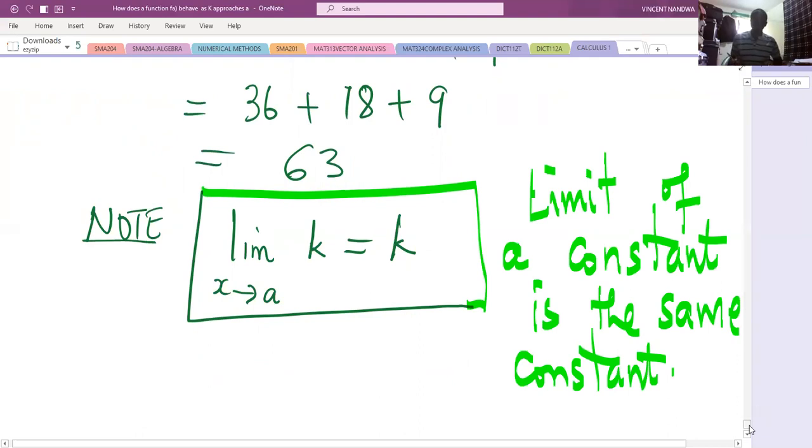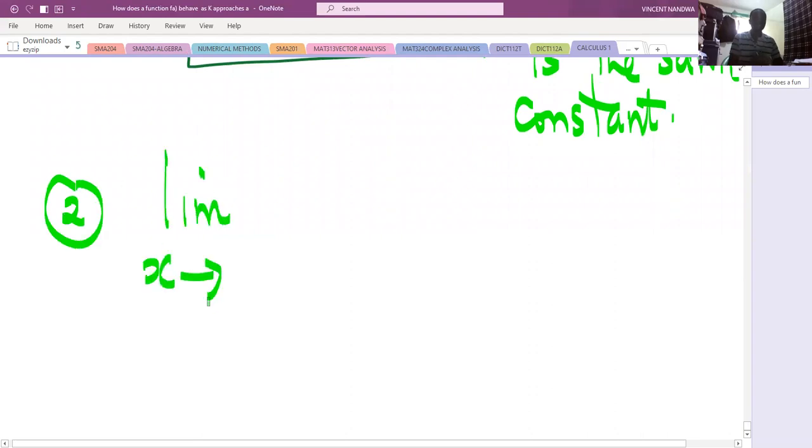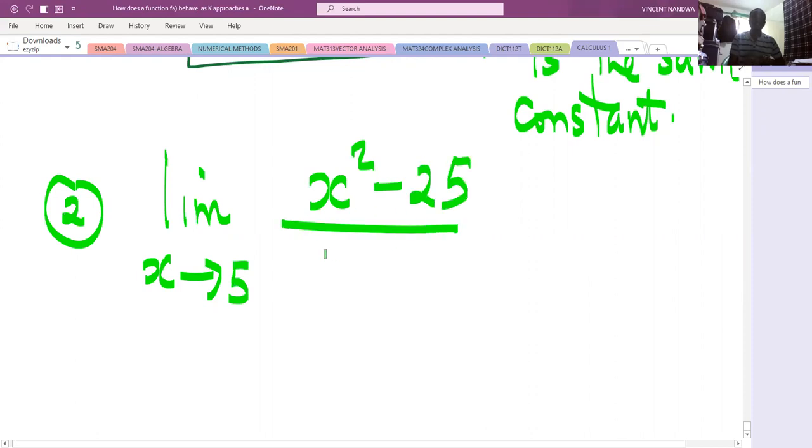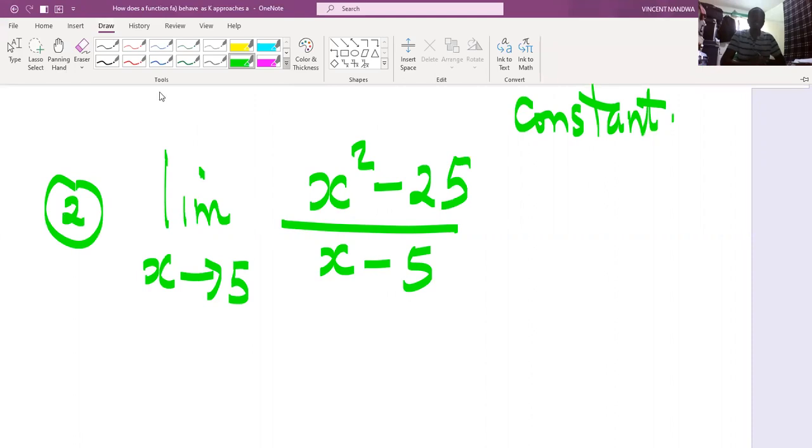And then problem number two: limit as x approaches 5 of x squared minus 25 over x minus 5. Let's try to work this out by direct substitution.